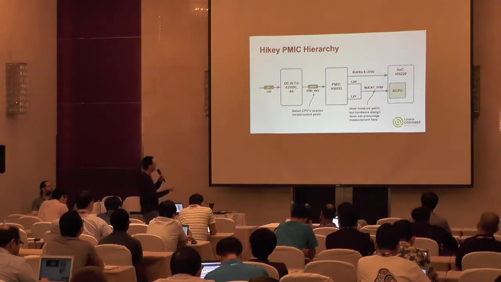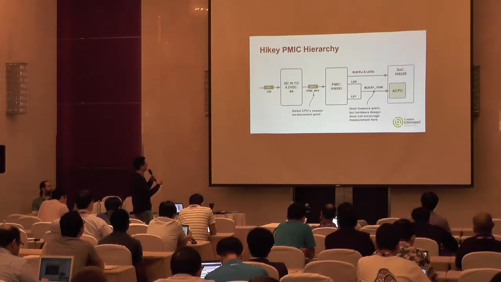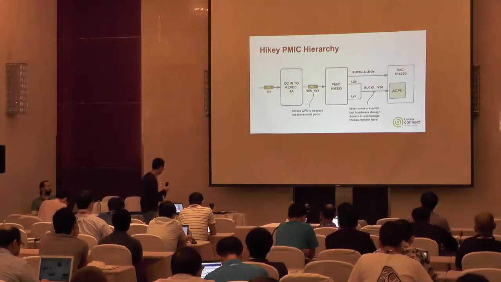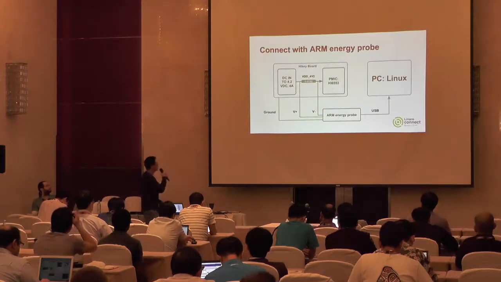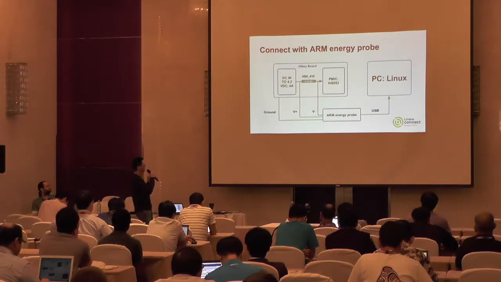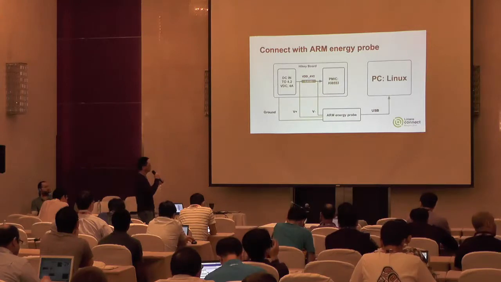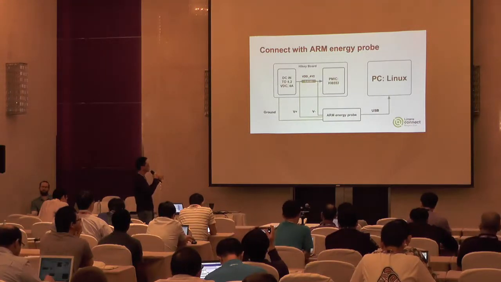So we go back and, outside of the PMIC, select the CPU's nearest measurement point. We use this resistor to measure the power. We replace the resistor with a 33 milliohm resistor, so we can use this resistor with the ARM Energy Probe to measure the power data.